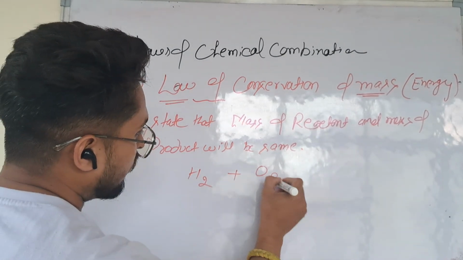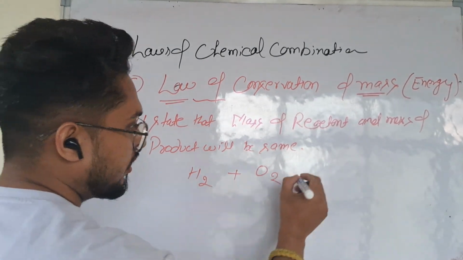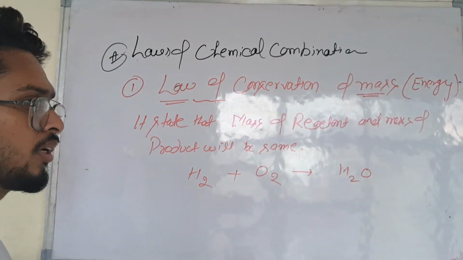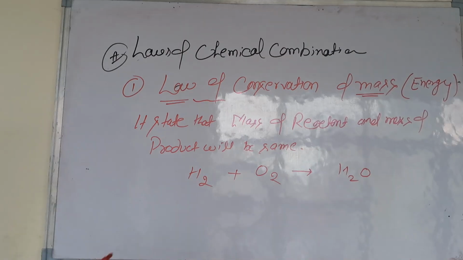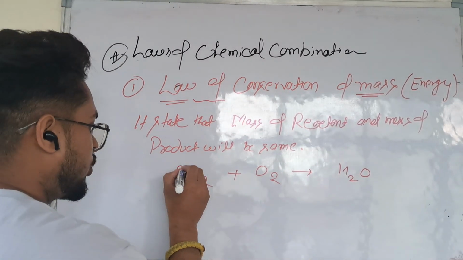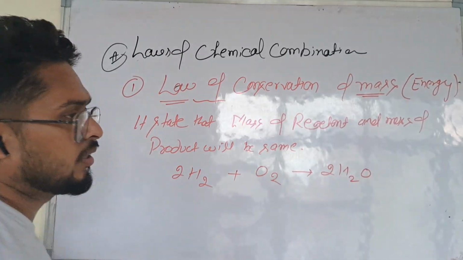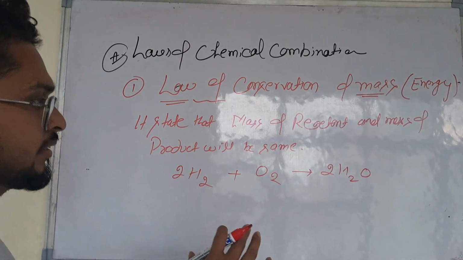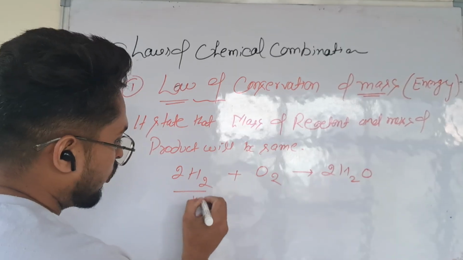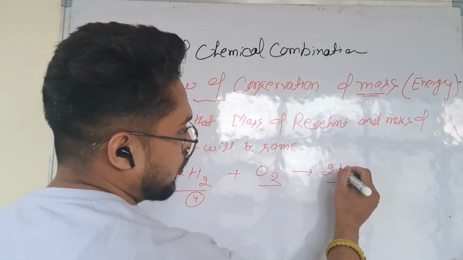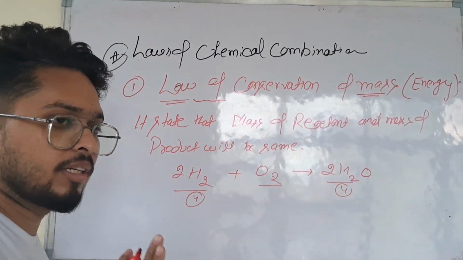When it is combined with oxygen gas, it will form H2O molecules. Now we have to balance this equation. Here we multiply with 2 for the hydrogen, and here also multiplied with 2 for H2O. That is your balanced chemical equation. 4 atoms of hydrogen here, 4 atoms of hydrogen here, 2 oxygen here and 2 oxygen here. This is your balanced chemical equation.